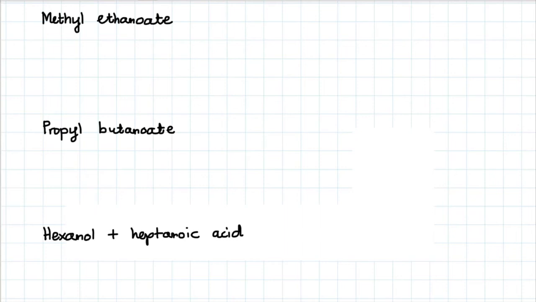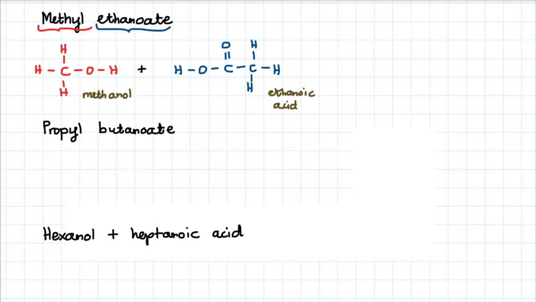We're going to start off with methyl ethanoate. The first part of the name of this ester, methyl, comes from the alcohol, while the second part, ethanoate, comes from the carboxylic acid. In order to form methyl ethanoate, we need to react methanol with ethanoic acid. When these compounds react together in the presence of a suitable catalyst, like sulfuric acid, as well as heat, the alcohol loses the hydrogen that is part of its hydroxyl group, and the carboxylic acid loses the OH that is part of its carboxyl group.